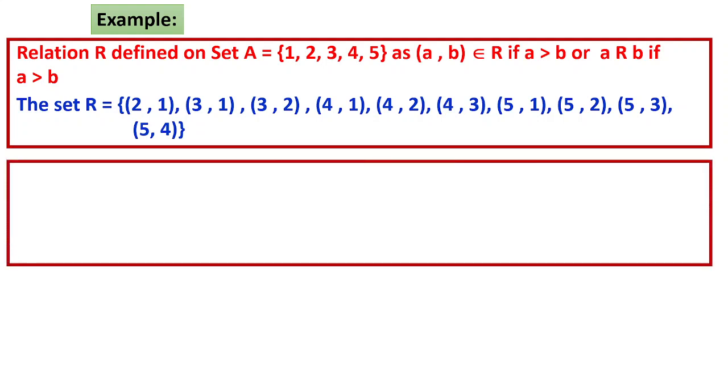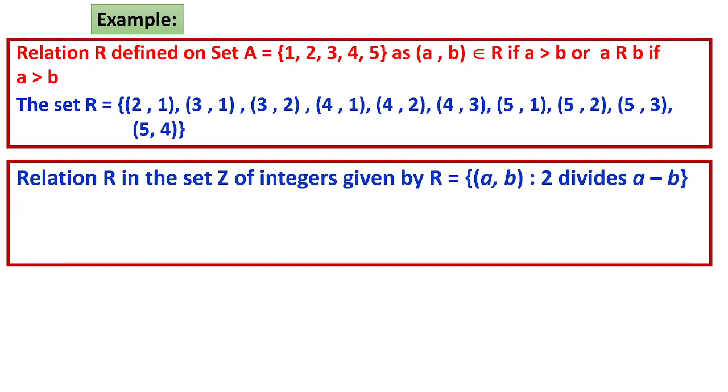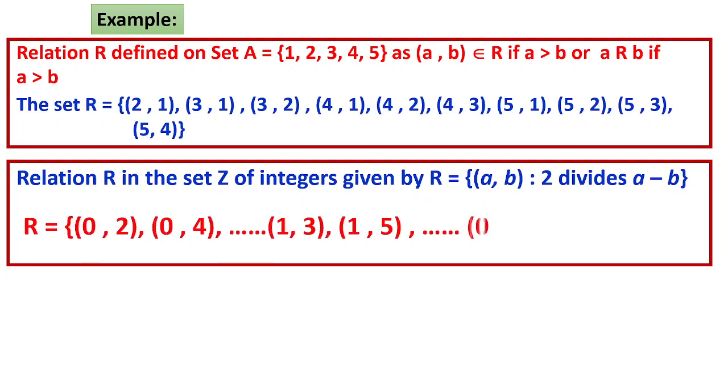Let us have one more example. The relation R in the set of integers is given by (a, b) such that 2 divides a minus b. Now it will be infinite, because (0,2), (0,4) and so on, then (1,3), (1,5) and so on, then (0,-2), (0,-4) and so on. It will be infinite. Therefore a relation can have a finite number of elements or an infinite number of elements.